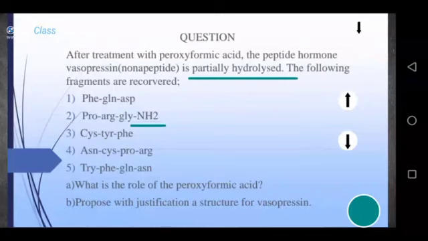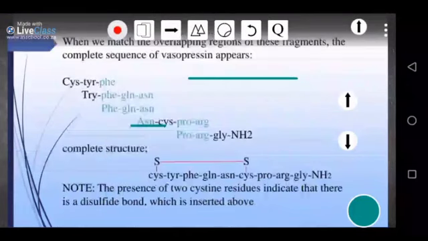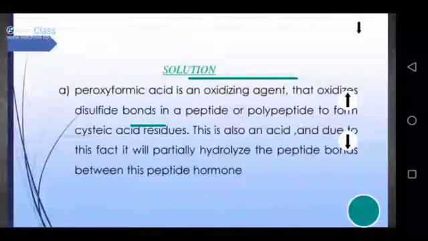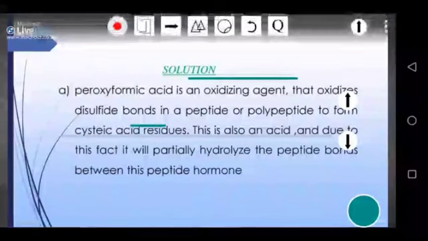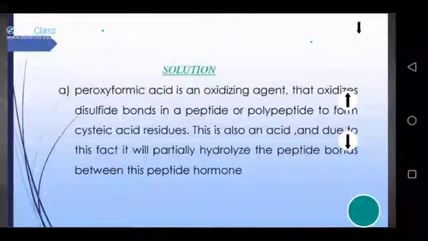Part A of the question says, what is the role of peroxyformic acid? Peroxyformic acid, as you see here on the screen, is an oxidizing agent, and it will oxidize the disulfide bonds to form cysteic acid residues.